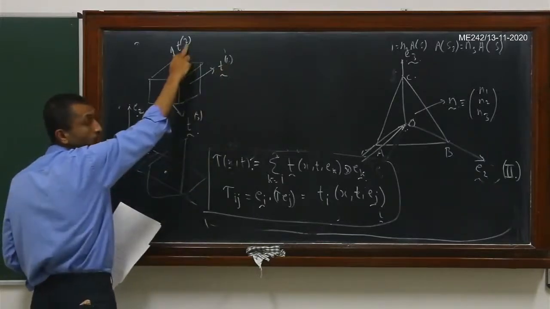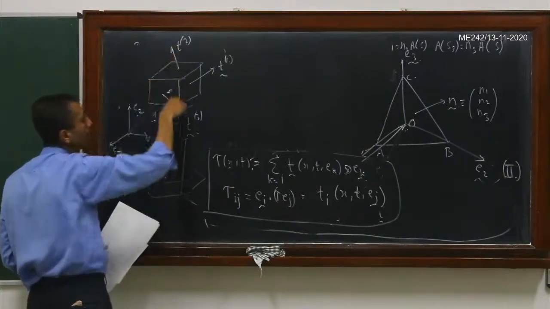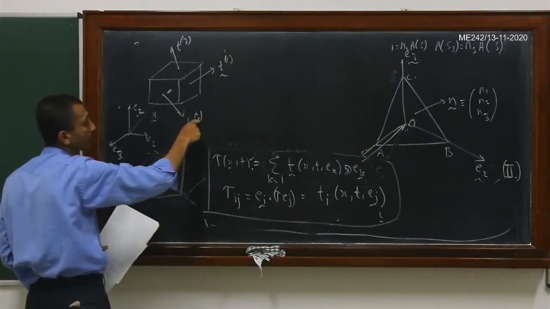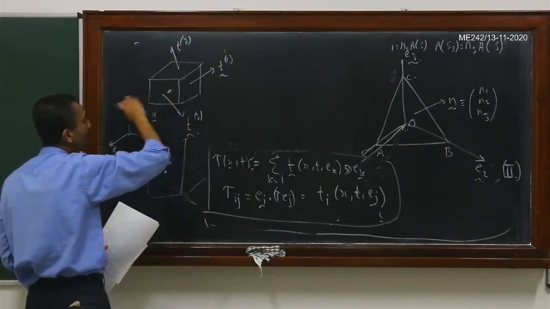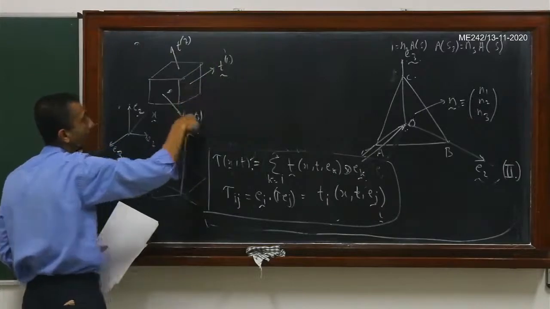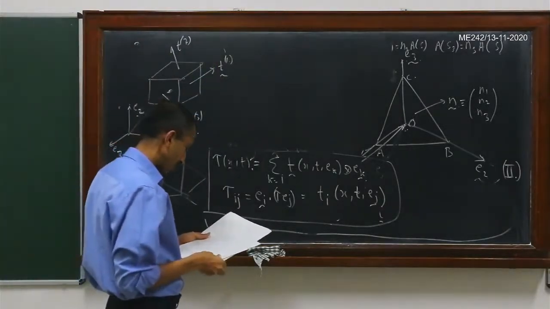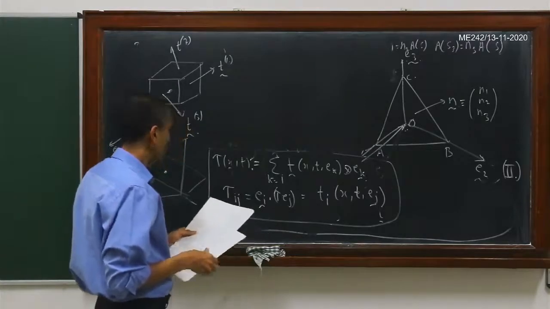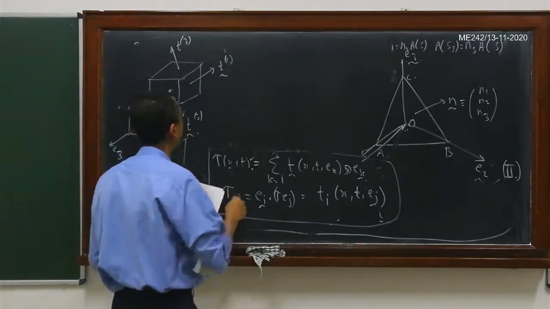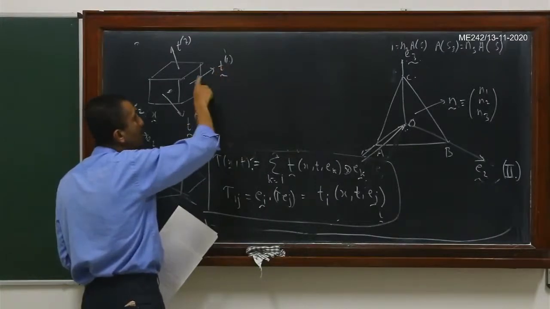This superscript 2 indicates that the normal to this particular face is e2, and this superscript 3 indicates that the normal to this particular face is e3. So that is why these superscripts are given to show that the normal is in that particular direction. Alright, then now what we do is that we resolve these traction vectors into 3 components.